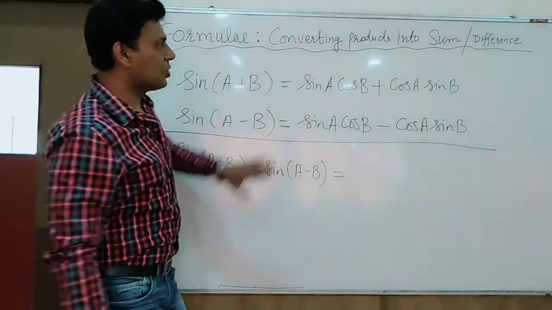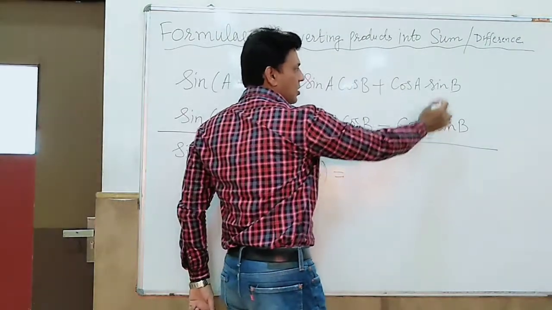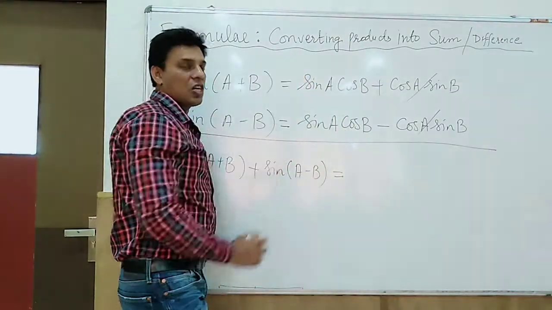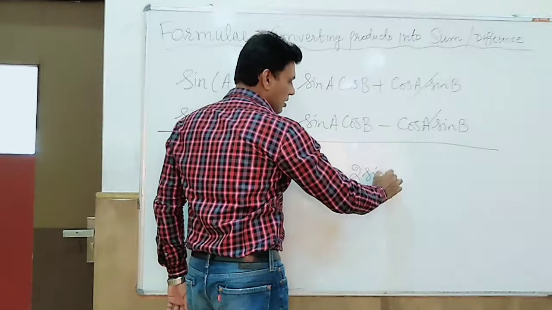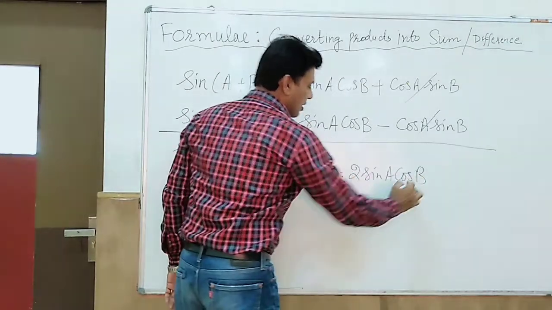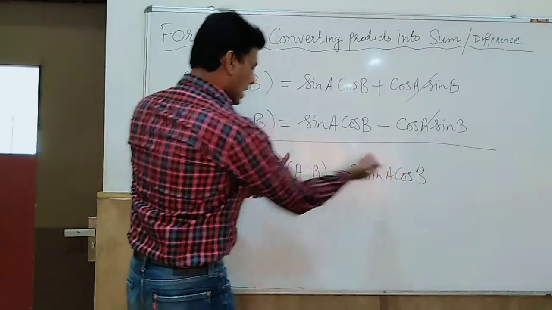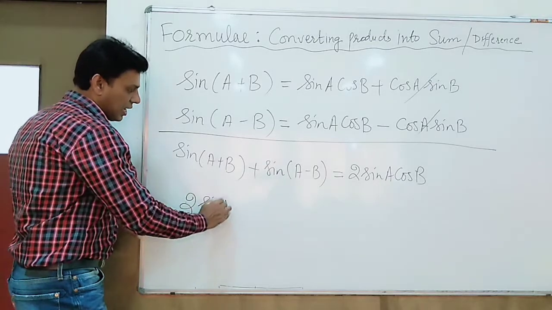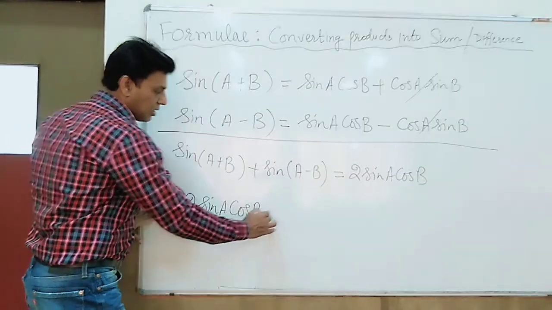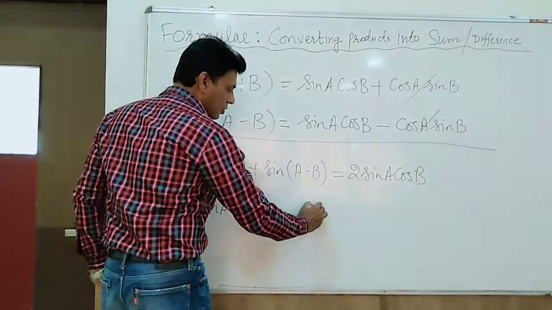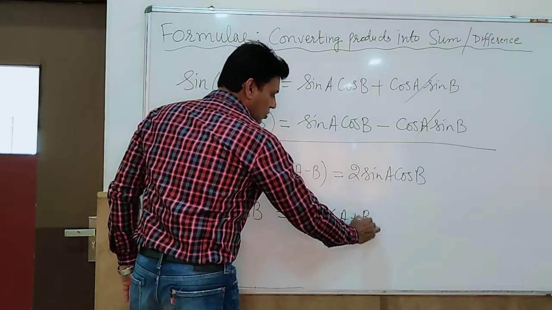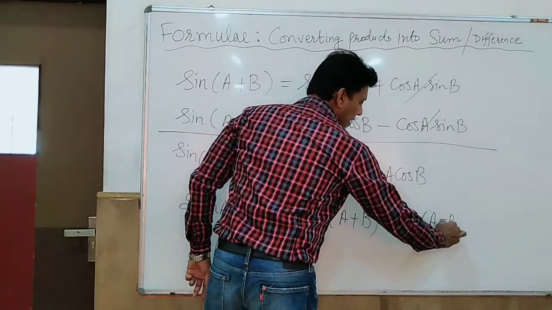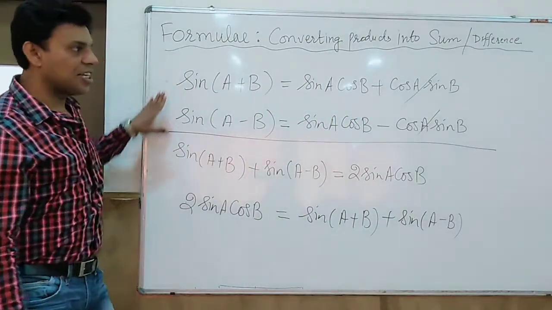Now when you add these two, plus cos A sin B and minus cos A sin B will cancel, and you will have sin A cos B plus sin A cos B, that is 2 sin A cos B. So we can write the formula as 2 sin A cos B equals sin(A+B) plus sin(A-B). So we have added these two equations.